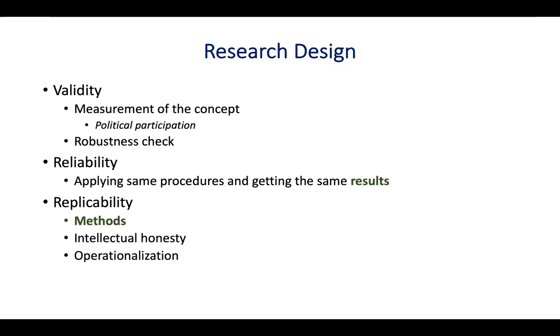Reliability has something to do with the results. If you run a specific model and reach some statistical findings and results, I can apply the same procedures and get the same results. So it has to be reliable.